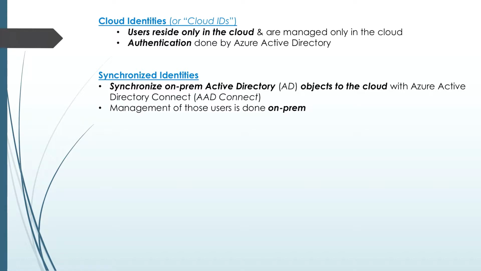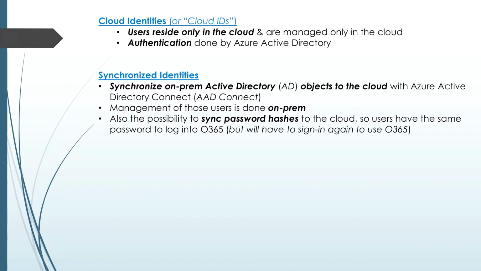The management of those users is done on-prem, and you also have the possibility to sync the password hashes to the cloud. Not the passwords, just the password hashes. So the user will have the same password to log into Office 365, but they will have to sign in again to use Office 365. This is called same sign-on. This is not single sign-on yet.